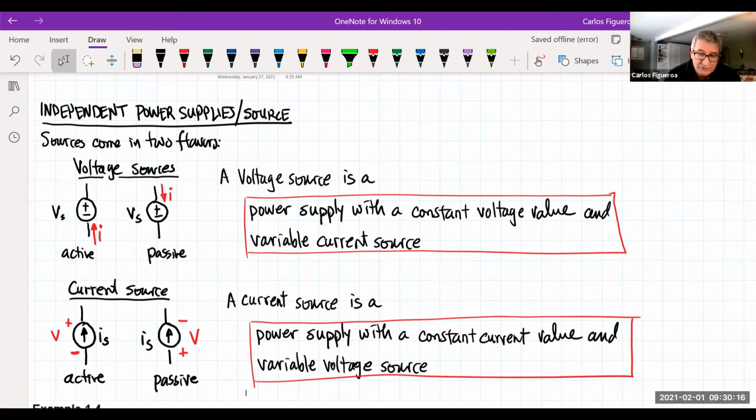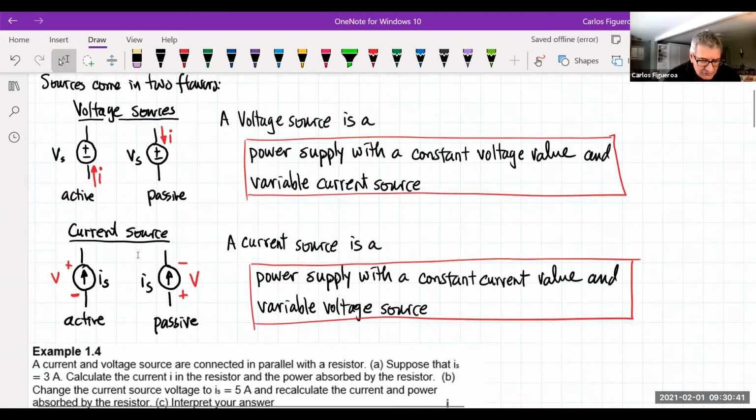So if I have a voltage source, what I really mean is that it's a power supply with a constant voltage value, but it's also a variable current source because depending on the load, you can get different current values. I can have active and passive power supplies, okay?